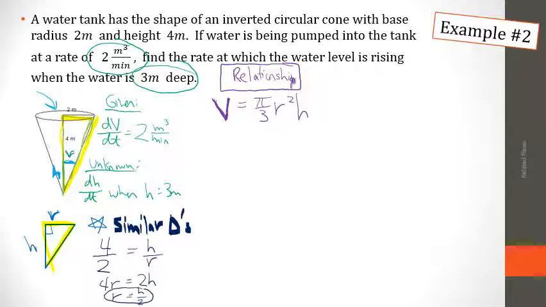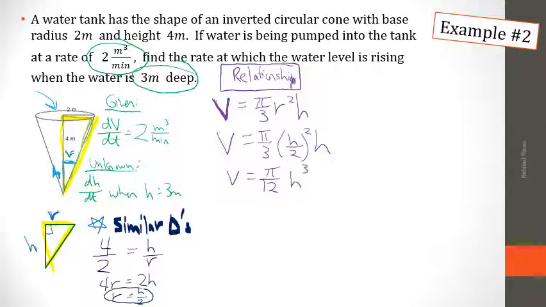So we're going to put that over here. So volume is pi over 3 times (h over 2) squared times h. And when we simplify that, we get the volume is pi over 12 h cubed, because 2 squared is 4 times 3 is 12.